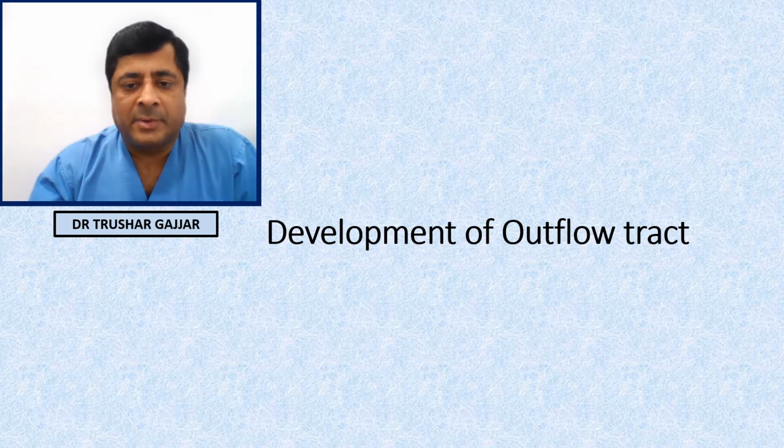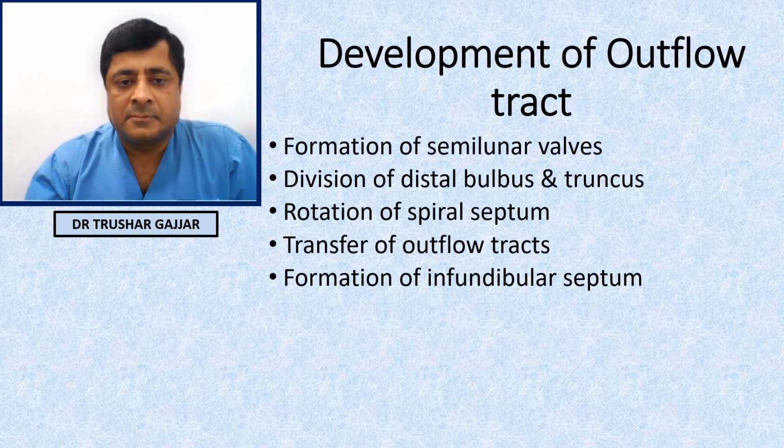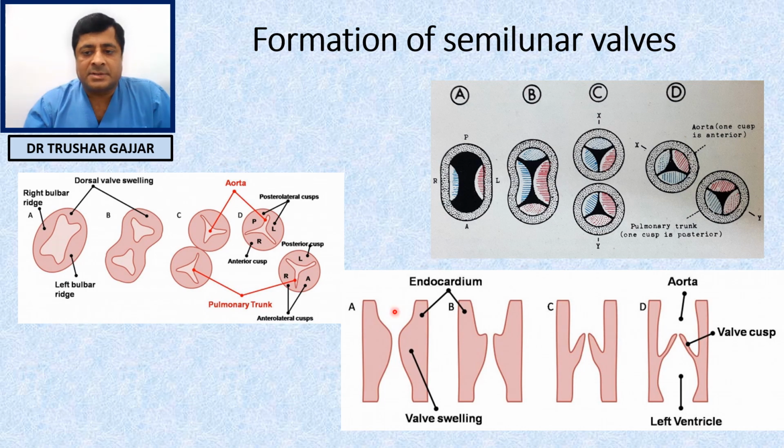Let us see the development of outflow tract. Outflow tract starts developing from under these headings. So first, the semilunar valve will form from endocardial cushions at the bulbotruncal junction.